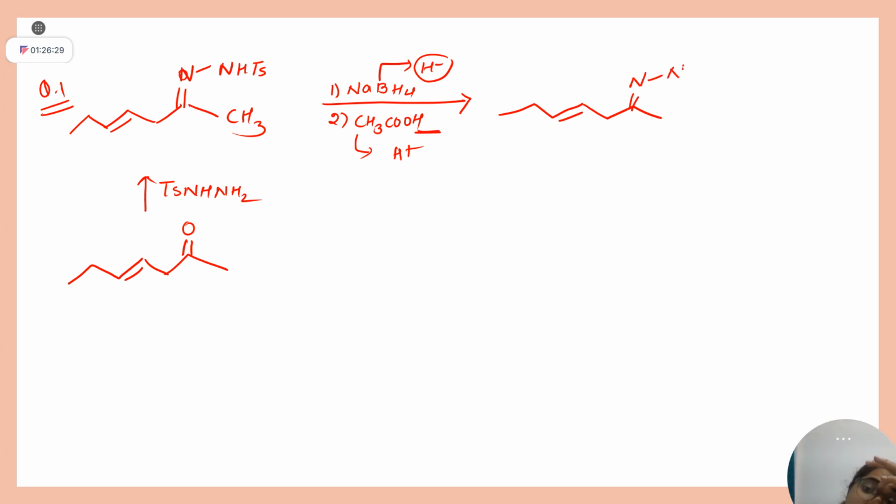So who is making it acidic here? Your acetic acid, which is having hydrogen like this. Yes or no? Now nitrogen is having four bonds. It is having plus charge. Now this sodium borohydride will deliver hydride here.